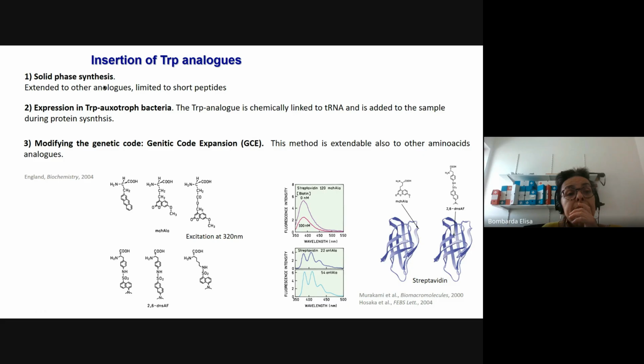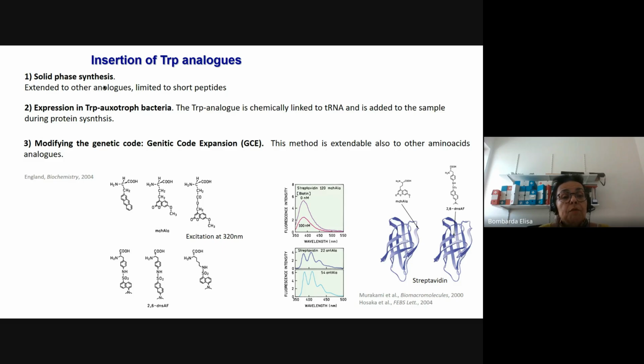This is a technique that is very good, and it can also be extended to other analogs that are not necessarily amino acid analogs, but maybe a completely different molecule, because you practically synthesize your molecule from scratch. But you can imagine that this method is limited to short peptides.